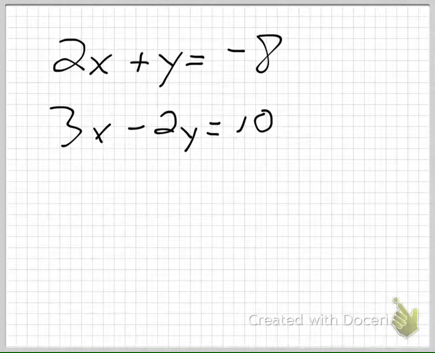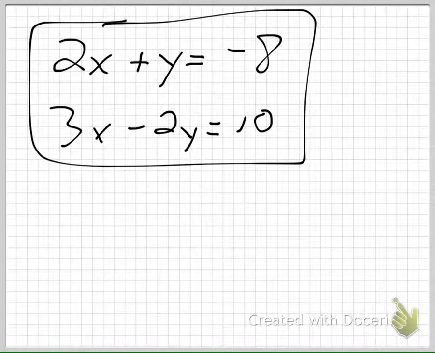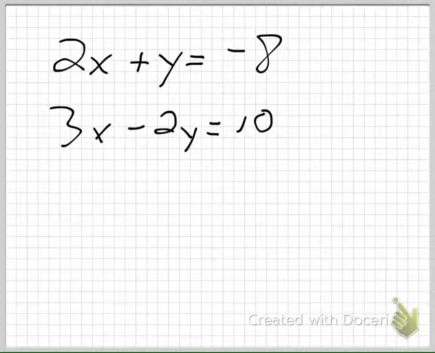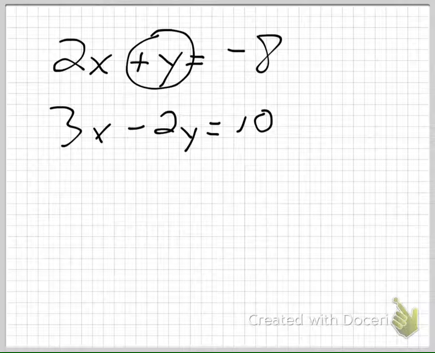This system would be very conducive to using substitution, because one of the variables in one of the equations is alone. If you ever see at least one variable that is alone, then substitution is a viable option for solving the system.